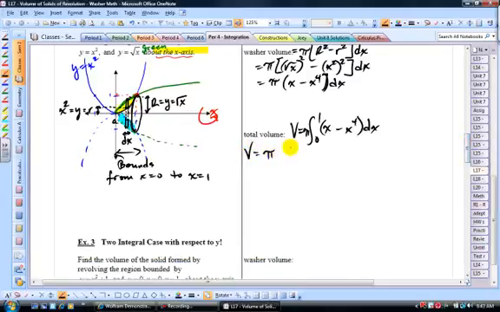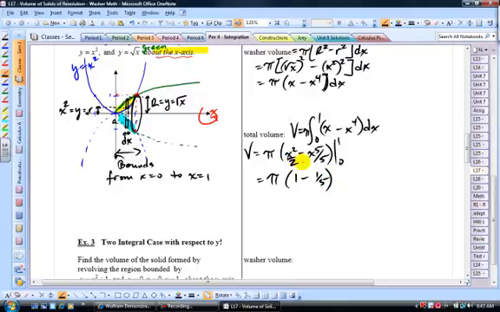So the volume is equal to pi times x squared minus x to the 5th divided by 5, evaluated from 0 to 1. That's going to be pi times 1 squared, which is 1... Let me fix that here. I didn't do that right.